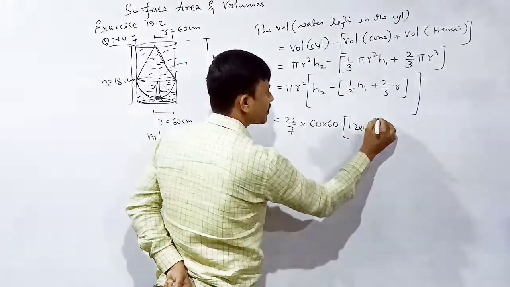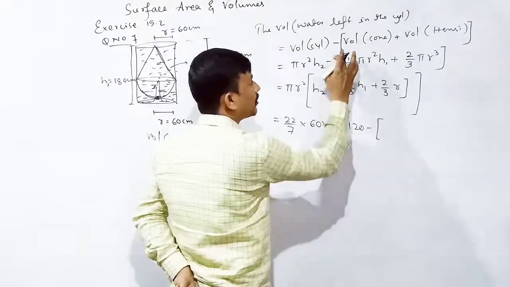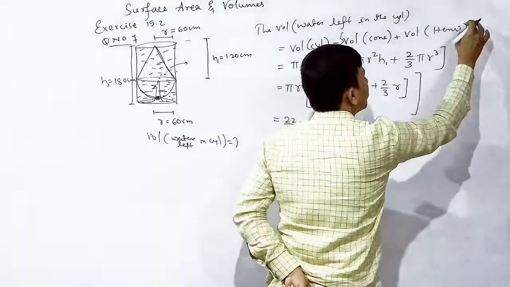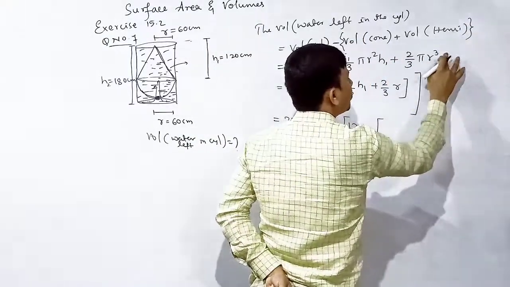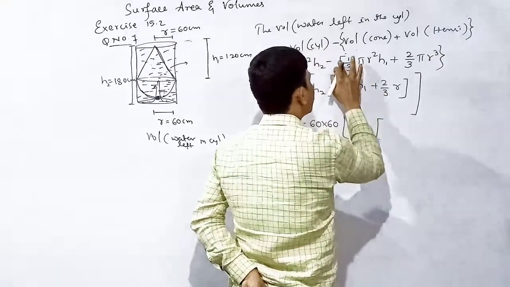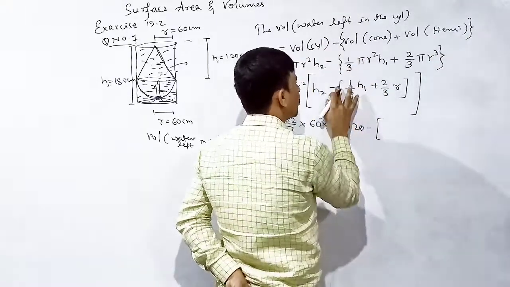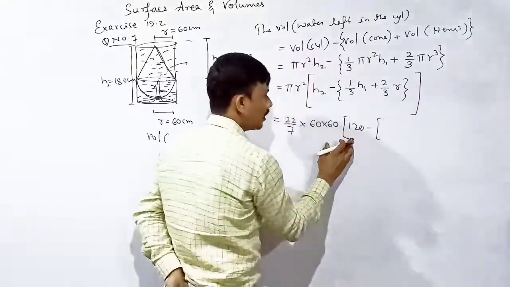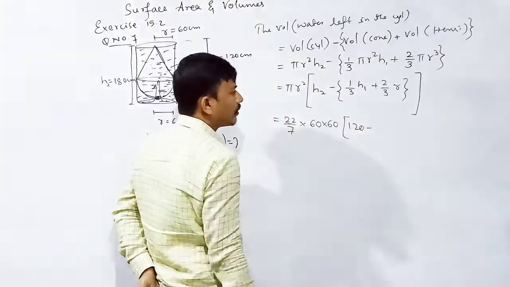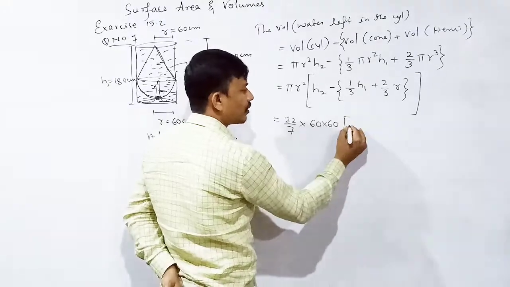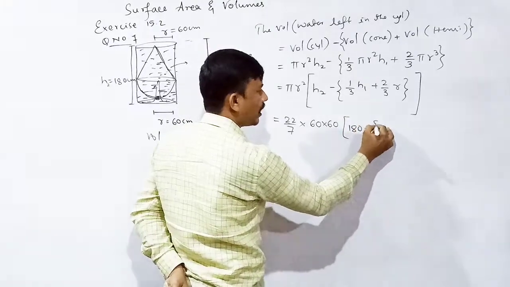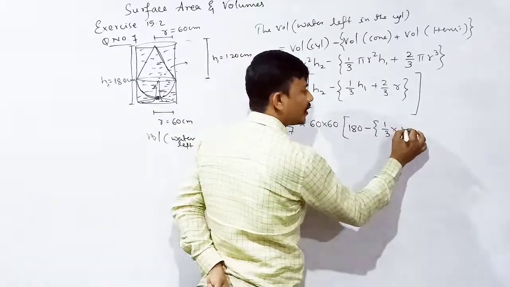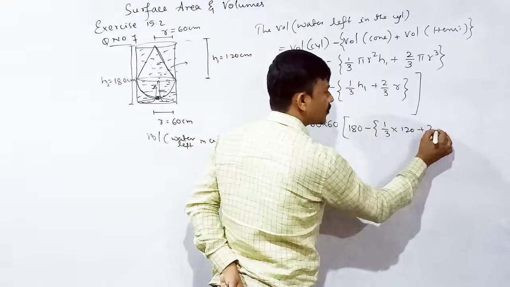Let us take a flower bracket here. H2 is equal to 180 minus flower bracket 1 by 3 into what is H1? 120 plus 2 by 3.